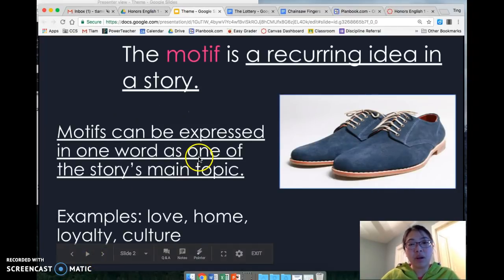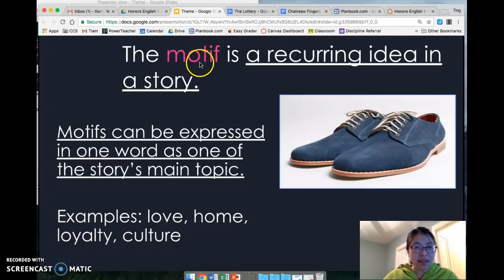Start with talking about this word, motif. Yes, it spells like motive, but it is not motive. It's called motif. A motif is a recurring idea in a story. And that recurring means that it happens over and over again in the story.